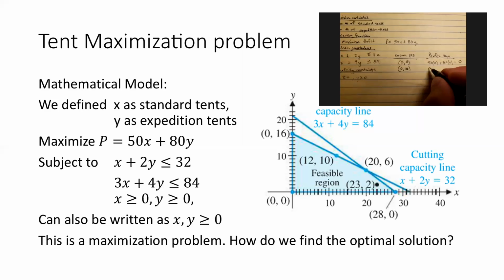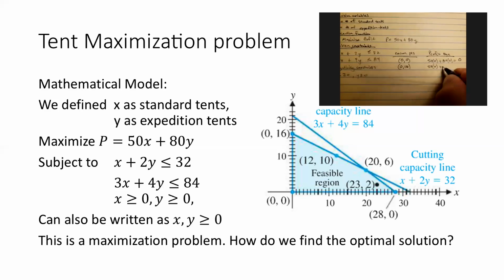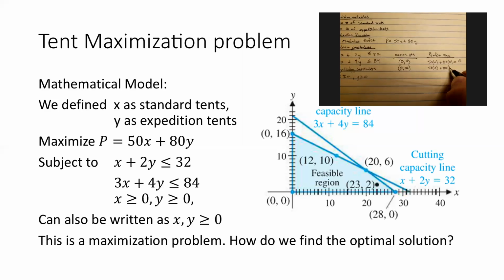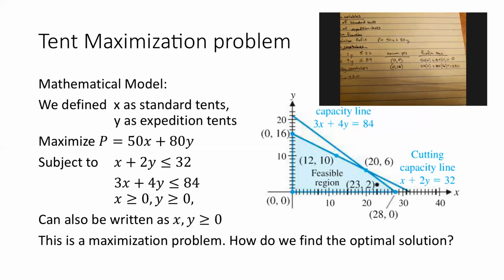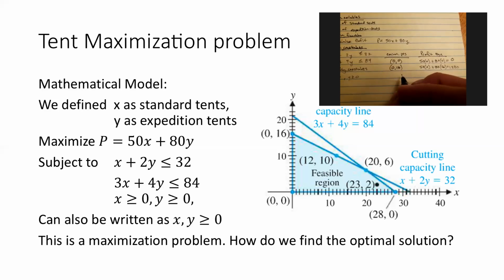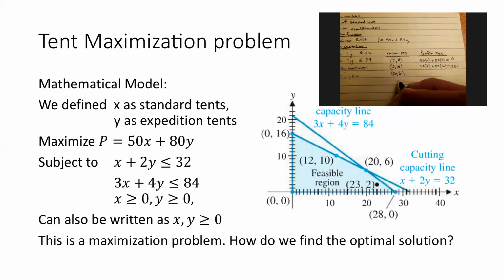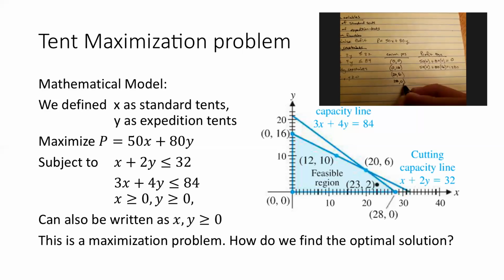So that means 50 times 0 plus 80 times 16, right? 80 times 16, we get 1,280, okay? We've got a couple more. The other corner points that we have are 20 and 6, and we'll also have 28 and 0.